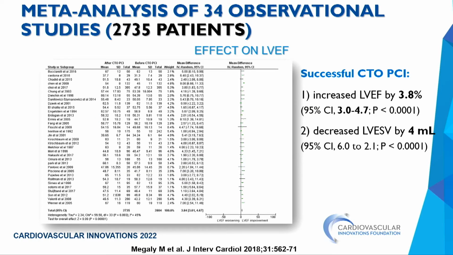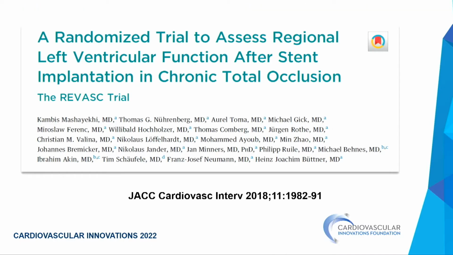And this is a meta-analysis by Michael Megali and obviously Manos, where they looked at 34 observational studies. On average, when you do CTO-PCI, you'll gain about 3.8 to 4 points of ejection fraction, whereas the LV systolic volume will be decreased by 4 milliliters.